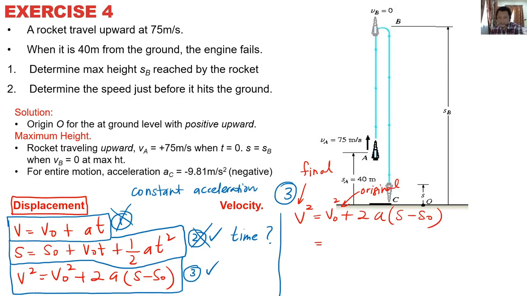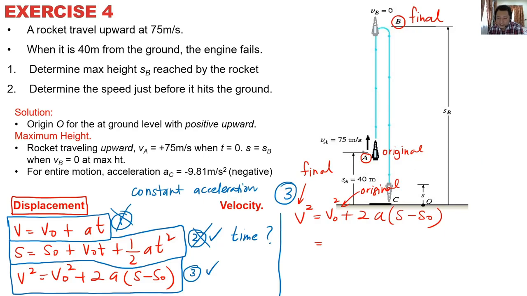So what do you do now? Where is our original? We need to analyze from location A here. This is our original. Where is our final? Location B over here. This is our final.